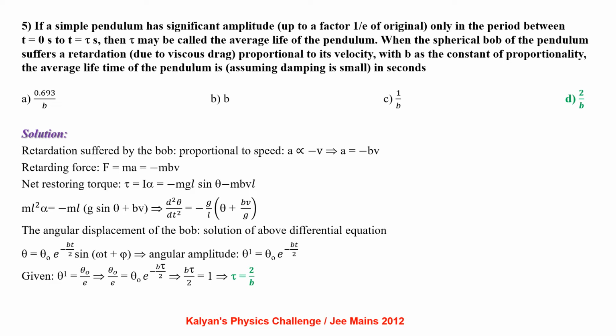The angular displacement of the bob, that is the solution of the above differential equation, comes out to be theta equals theta naught of e power minus b t by 2 sin of omega t plus phi. The angular amplitude theta dash equals theta naught of e power minus b t by 2. Given theta dash is theta naught by e, so theta naught by e equals theta naught e power minus b tau by 2, which gives b tau by 2 equals 1, that is tau equals 2 by b.